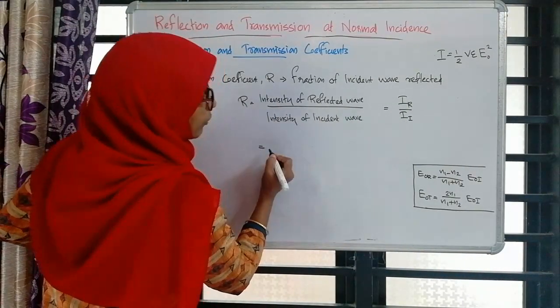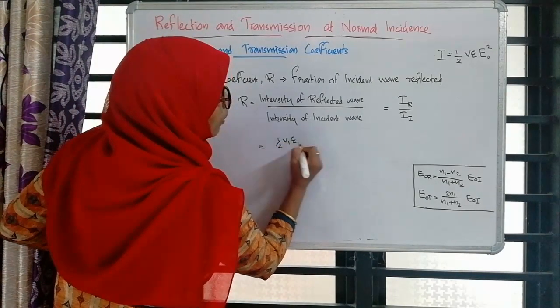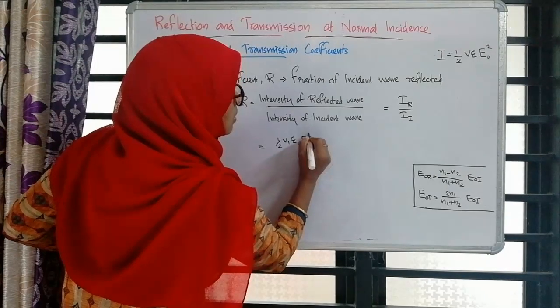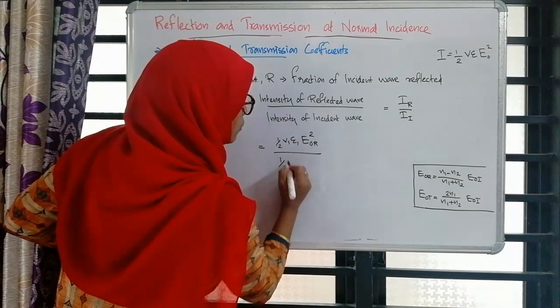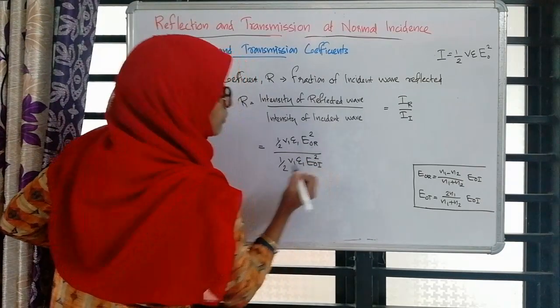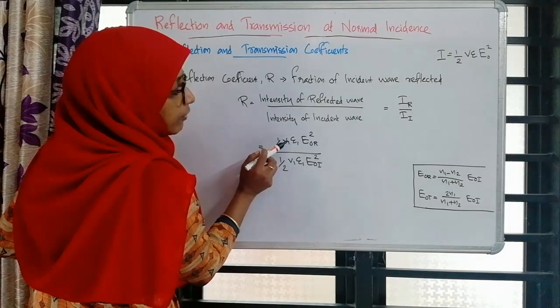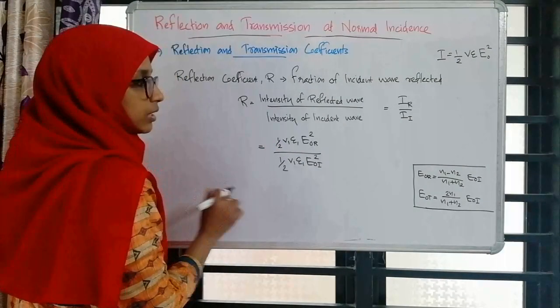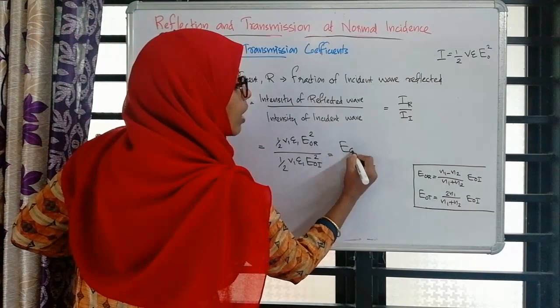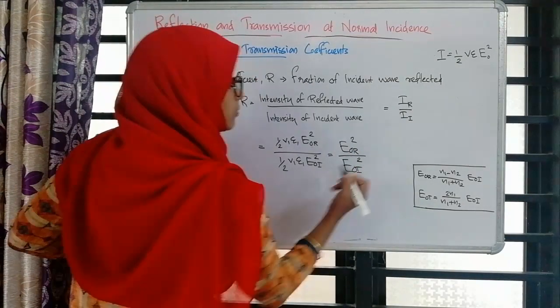We can represent it as 1/2 V1 epsilon 1 E0R square divided by 1/2 V1 epsilon 1 E0I square, where the reflected and incident waves are in the same medium, so it will be epsilon 1 V1. That is equal to E0R square divided by E0I square.